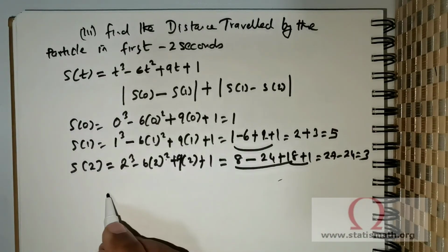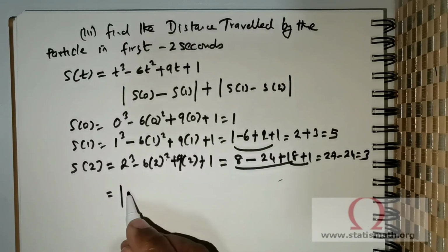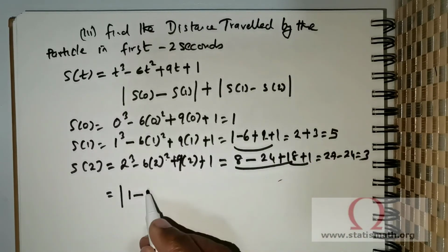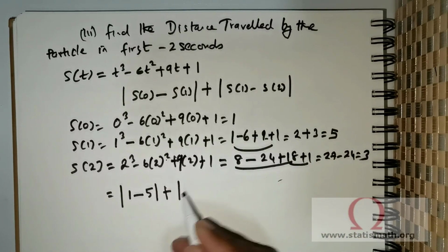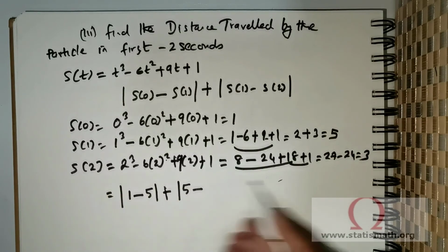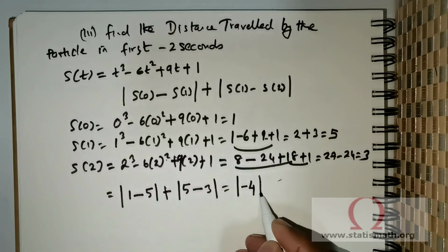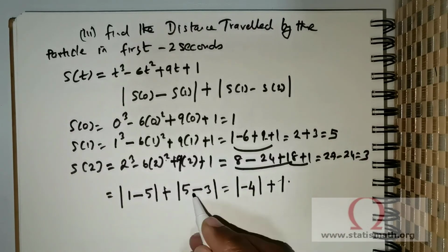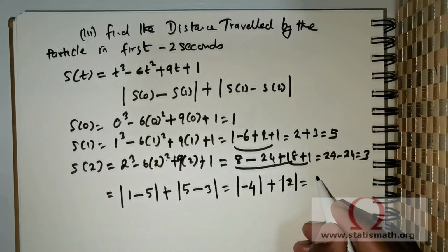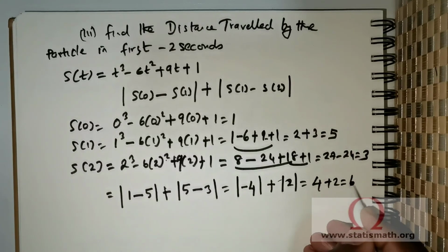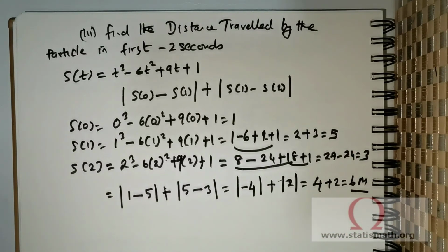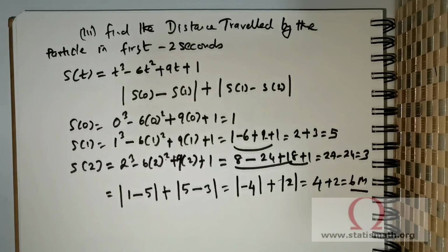So the modulus of s of 0 minus s of 1, which is 1 minus 5, plus the modulus of s of 1 minus s of 2, which is 5 minus 3. This is going to be 4 plus 2, which is 6 meters. That will be the final answer to the question.